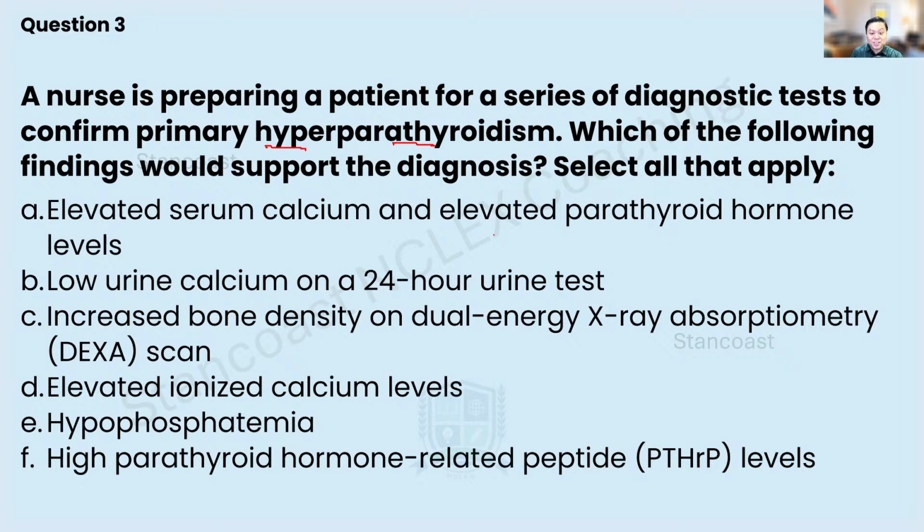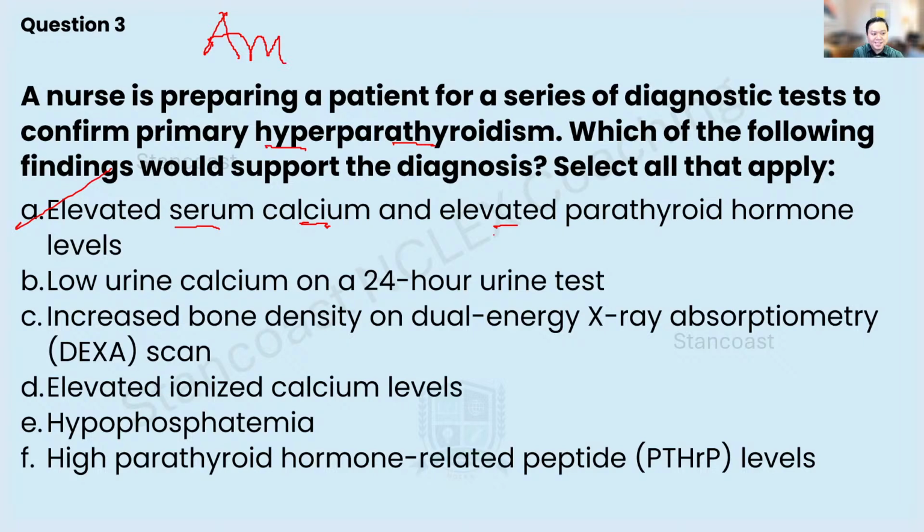Yes, that is actually one of the correct answers, because when you have hyperparathyroidism, remember that it can lead to an increase in the calcium level. And another is the elevated PTH levels, which is basically what is circulating, causing the hypercalcemia. So this is one of the correct answers.